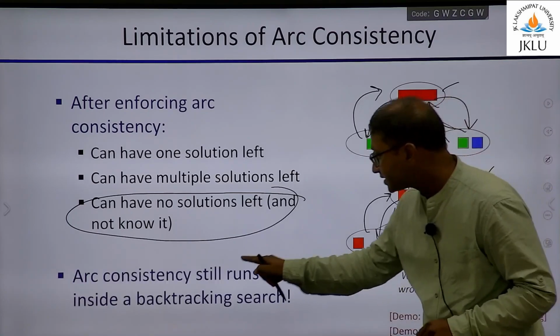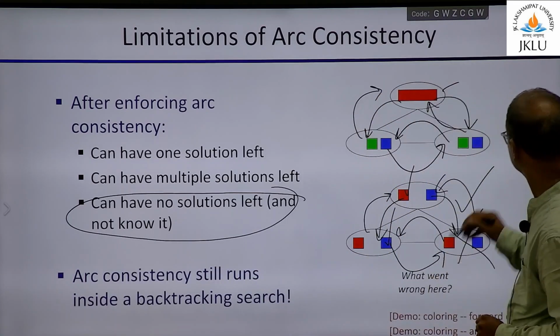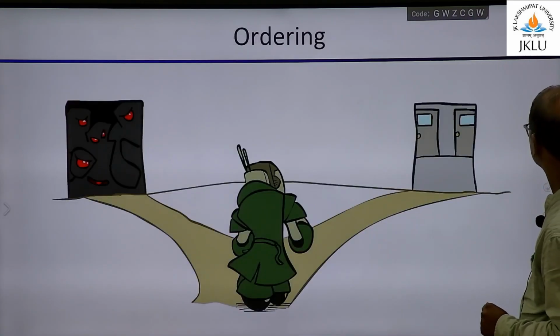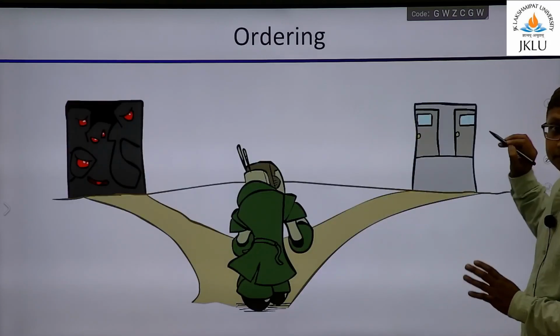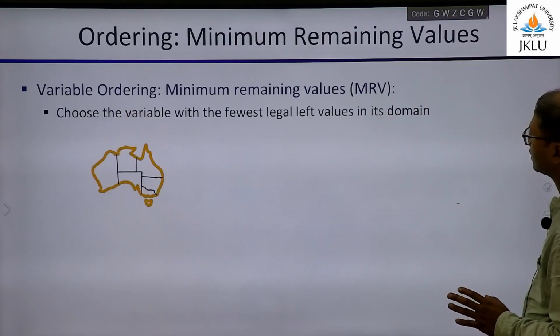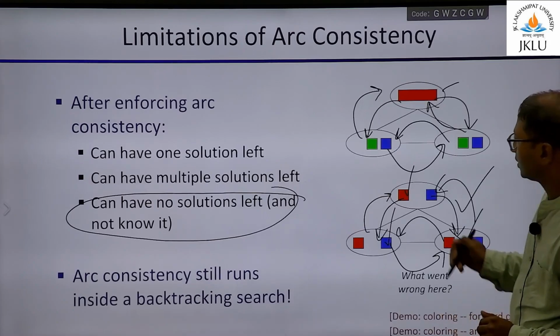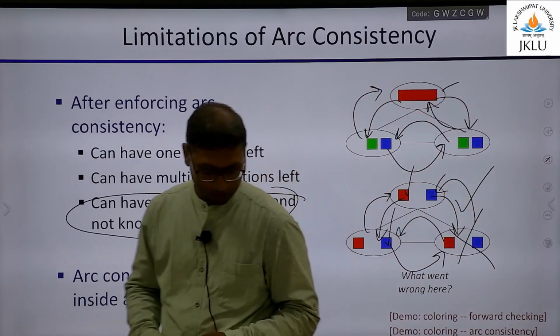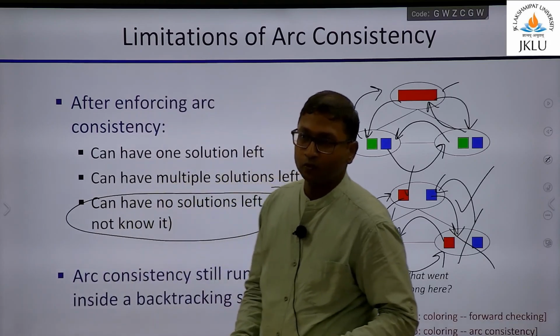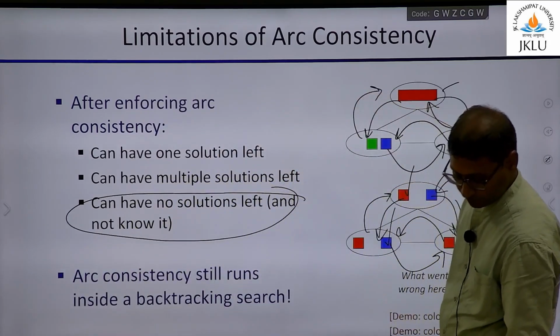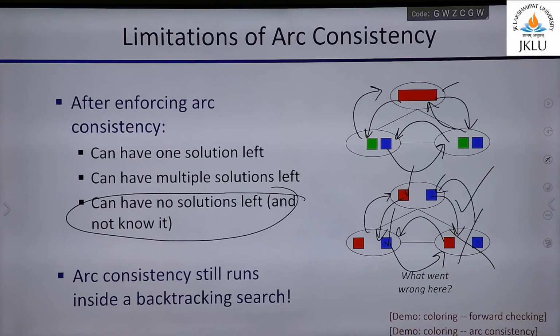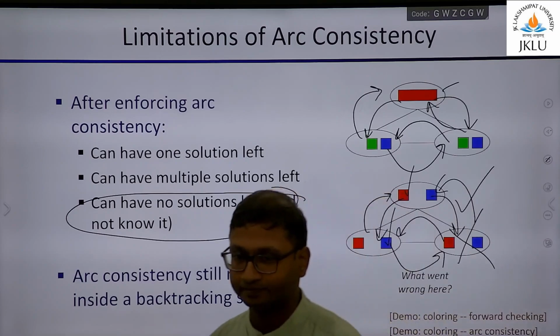Arc consistency still runs inside a backtracking search. So what can we do? How do we solve this problem?